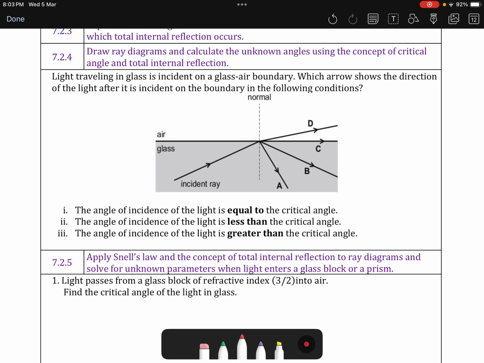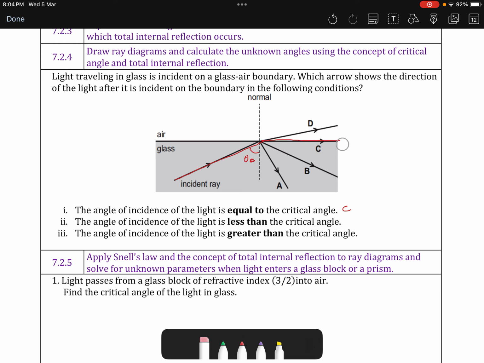So in this case, which light ray will represent the right drawing? If the angle of incidence equals the critical angle, the light will continue with the C. I mean, if this is the critical angle, then the light will go like this. Clear?